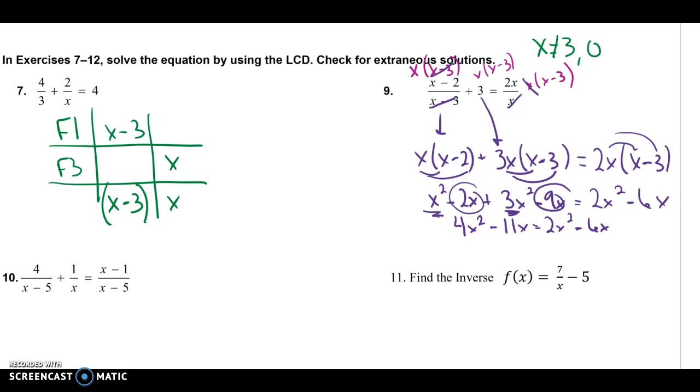So I'm going to move the 2x squared to join the 4x squared by subtracting it. And now it's 2x squared. And I'm going to move the 6x over by adding it. So when I do that, I have minus 5x. Okay? And now I'm ready to solve. So I'm going to let you go from here. I have more than one type of x, so you need to factor, and remember, look for a GCF and then go from there. And then when you're done, just check to see that your answer is not considered an extraneous solution.